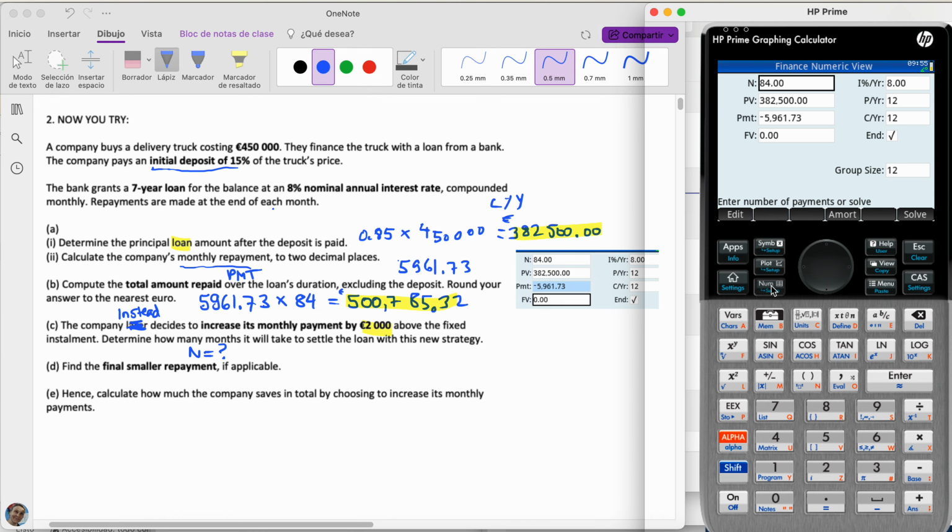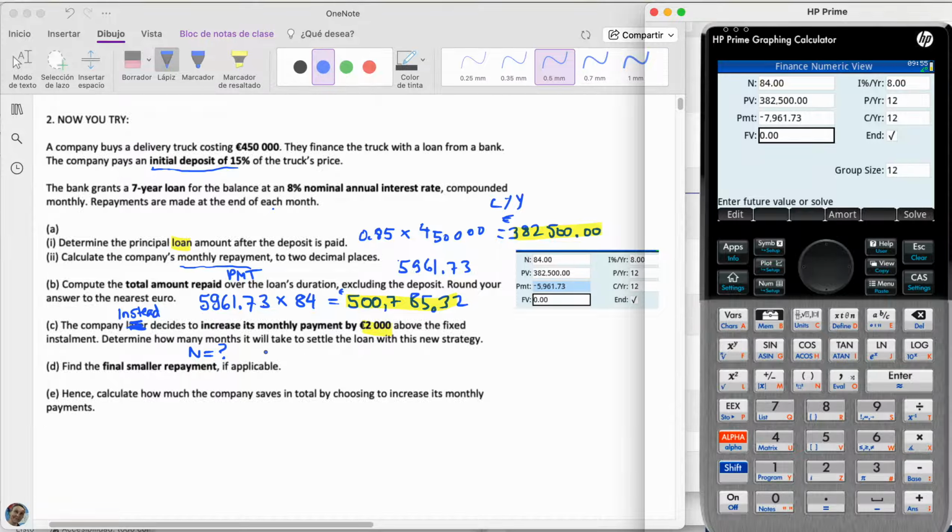All right, to the handy TVM. So this is no longer like this. So what's going to happen now? They're going to pay 2,000 more. So you're going to add 2,000 onto what they were paying before, and that's actually going to be 7961.73.